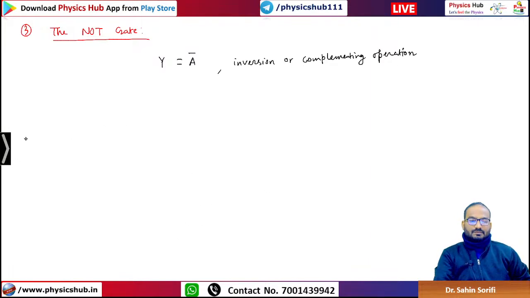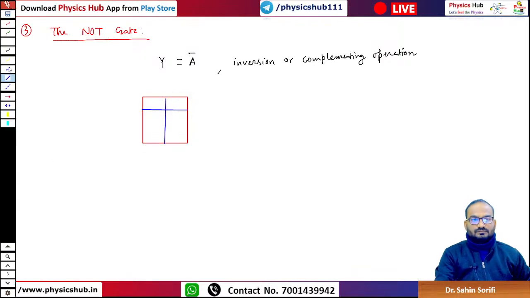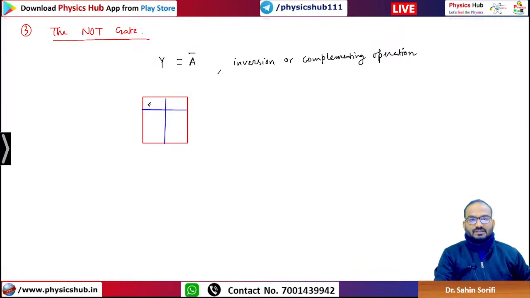So let's say if you talk about the truth table, we have the input A, we'll make it A complement. So if you have 0, we'll make it 1. If you have 1, we'll make it 0.